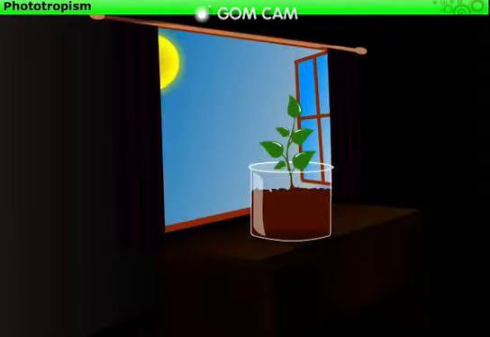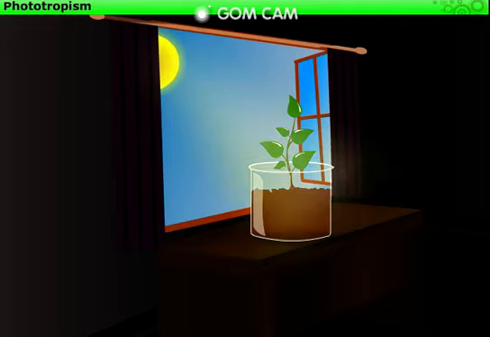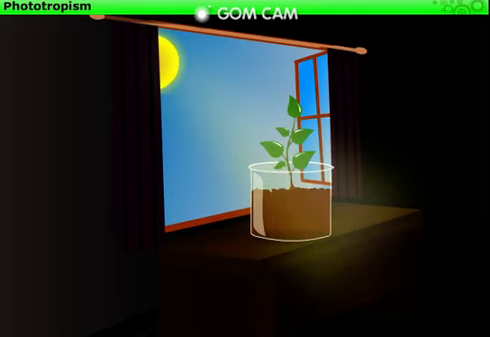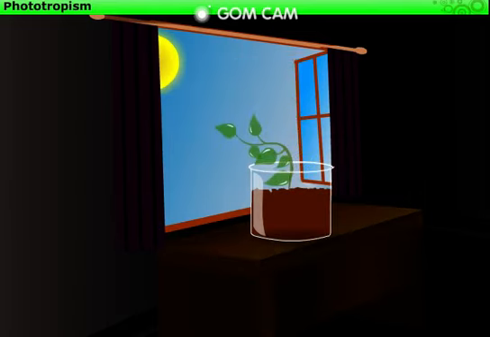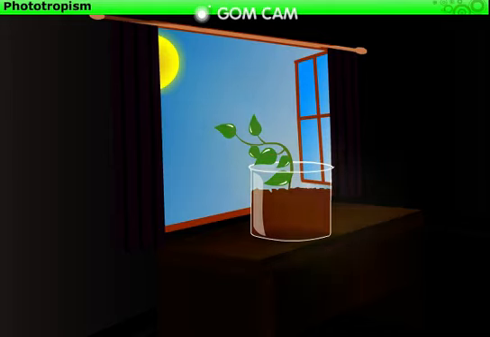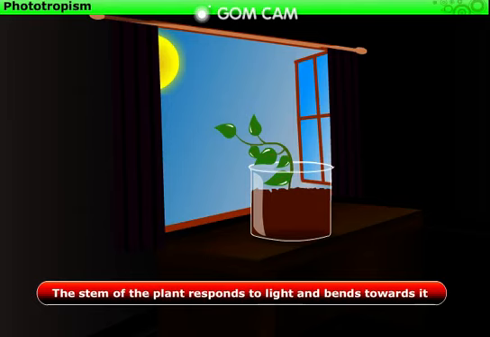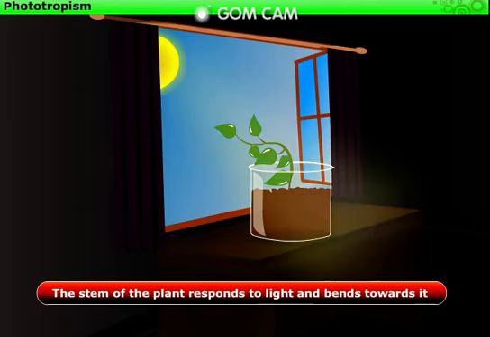Now keep the same potted plant, having a straight stem and root, near a window in a dark room, so that sunlight falls on it from one side only. After a few days, we will see that the stem of the plant bends towards the side from where the light is coming. This observation shows that the stem of the plant responds to light and bends towards it.